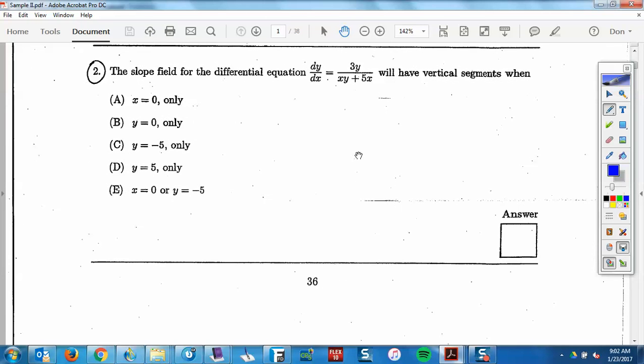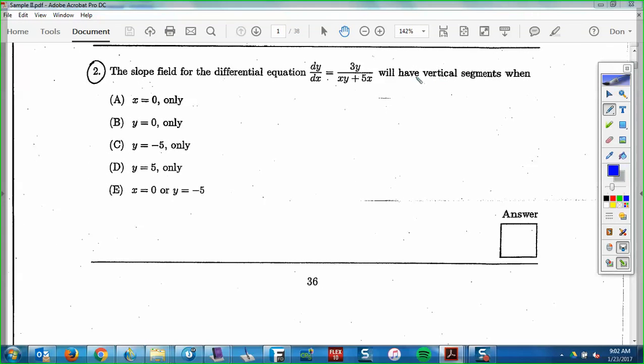Number 2. Okay, the slope field for this differential equation will have vertical segments when? A vertical segment is this, right? And so what does that mean if the slope is vertical? The slope's undefined. Well, this is the slope right here, y prime, right? So when will this be undefined?